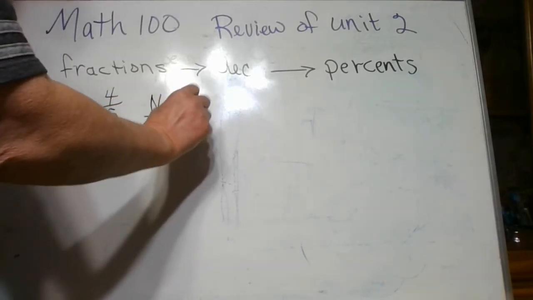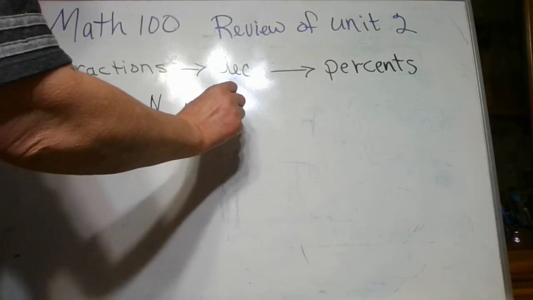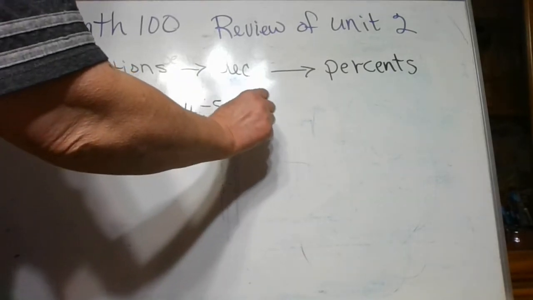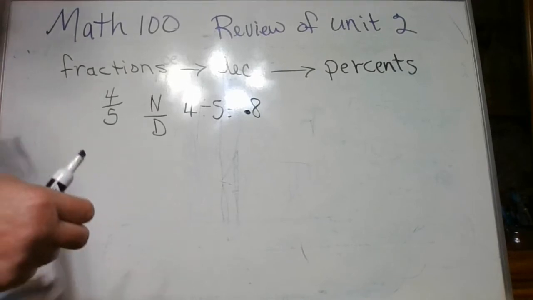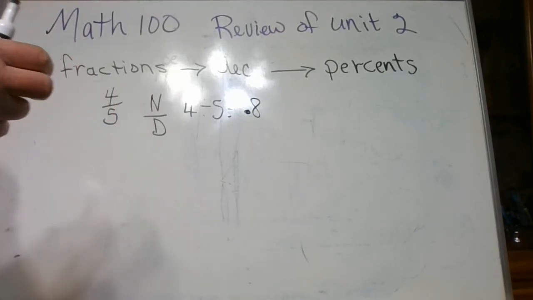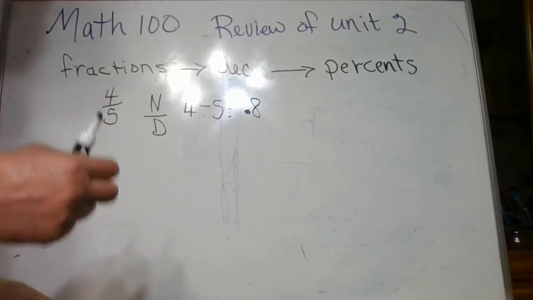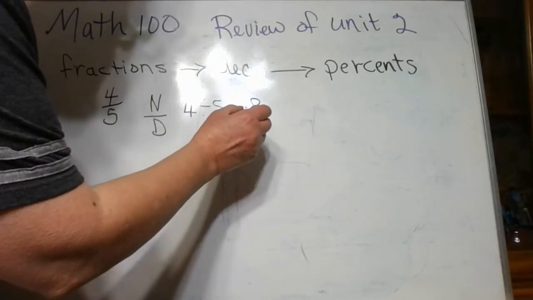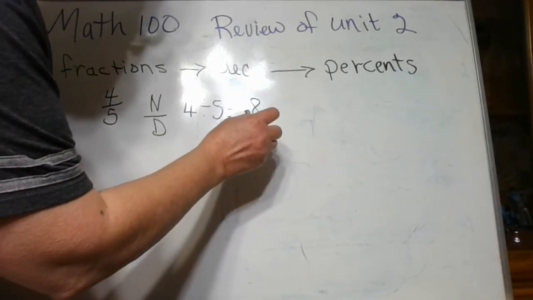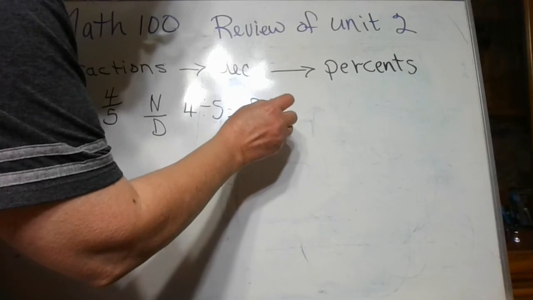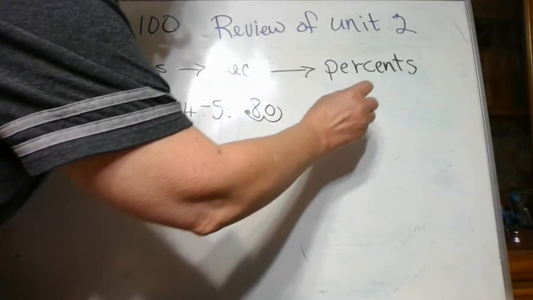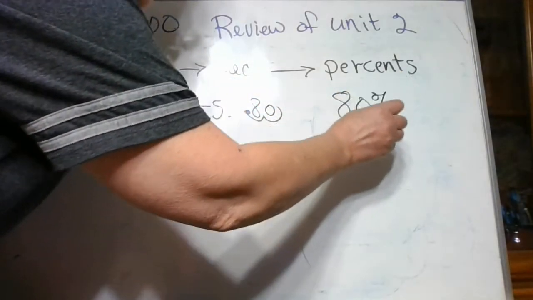So 4 divided by 5 is equal to 0.8. To change from the decimal to a percent, you move the decimal 2 places to the right, and that would be 80%.